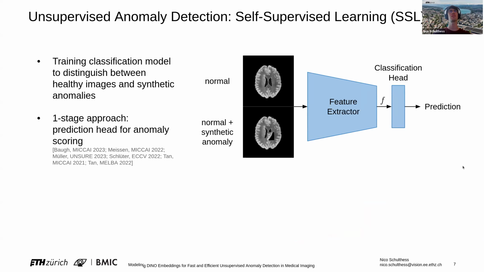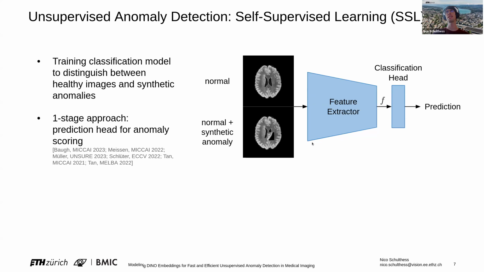So the first line of work I wanted to talk about are self-supervised learning approaches. There is previous work where they not only use the normal samples, but they also use normal samples with synthetic anomalies. For example, where this patch here is copied from another place, and somehow modified to blend in more or less.